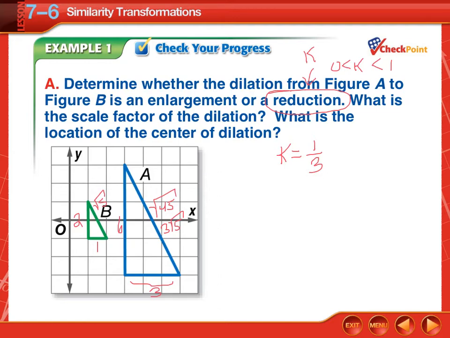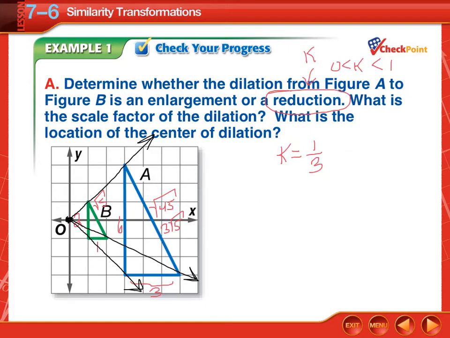Now the final question is, what is the location of the center of dilation? In this case, we can see that the center of dilation is the origin here. We would draw our rays out, going through all three vertices, and we can actually calculate and verify that we have the same proportionality as our scale factor here, 1 over 3.